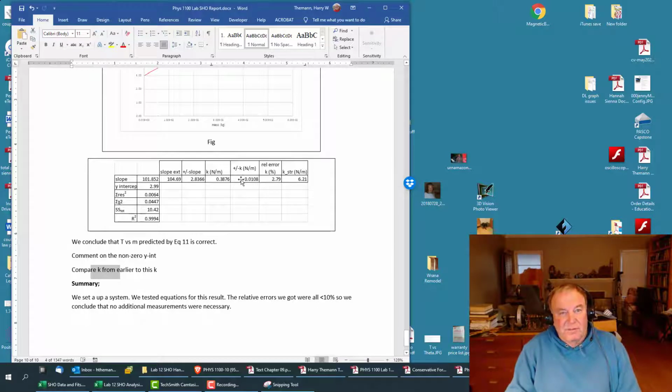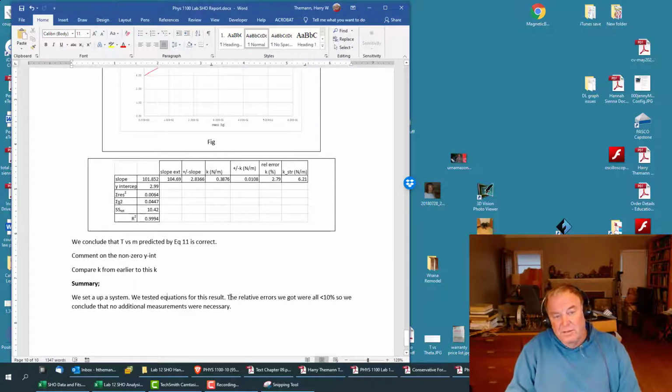And we were able to extract a value for k that's very close to the value of k we measured independently. So we conclude that we believe that equation is correct. And then you just summarize it.